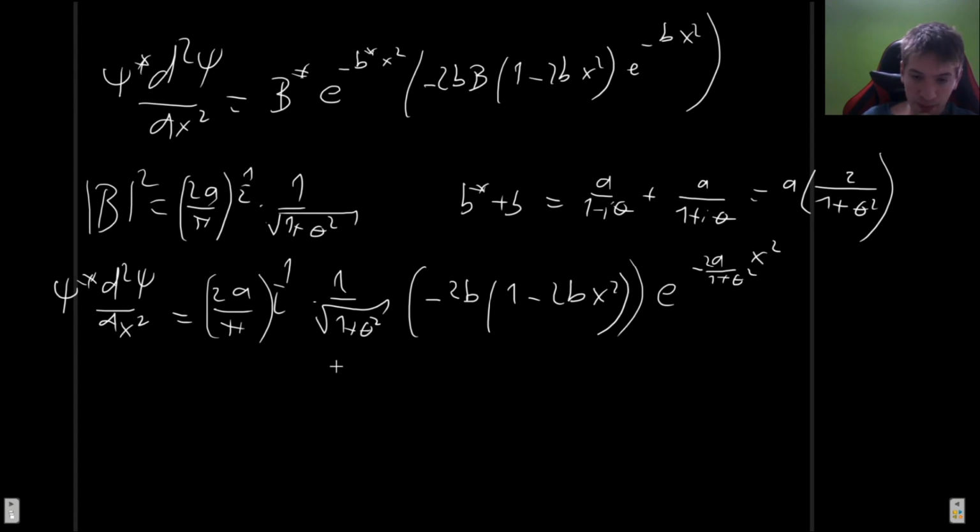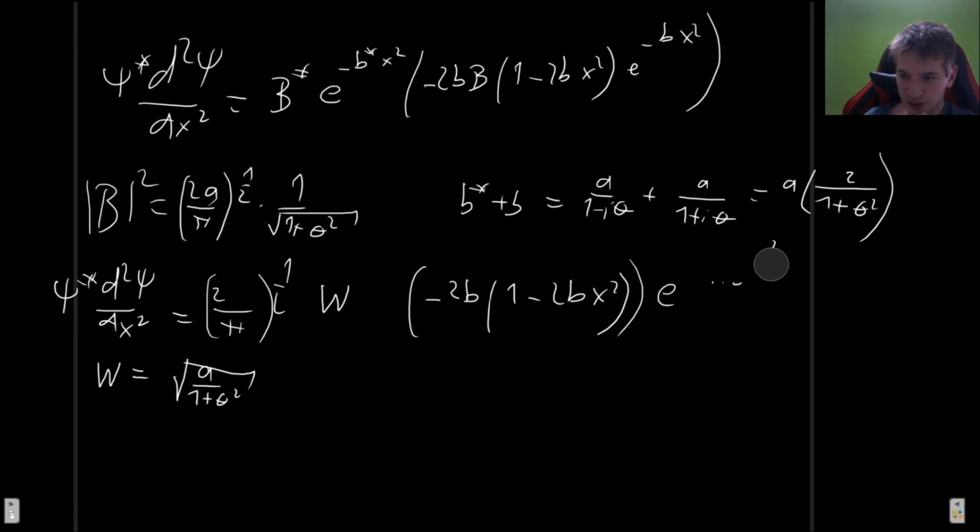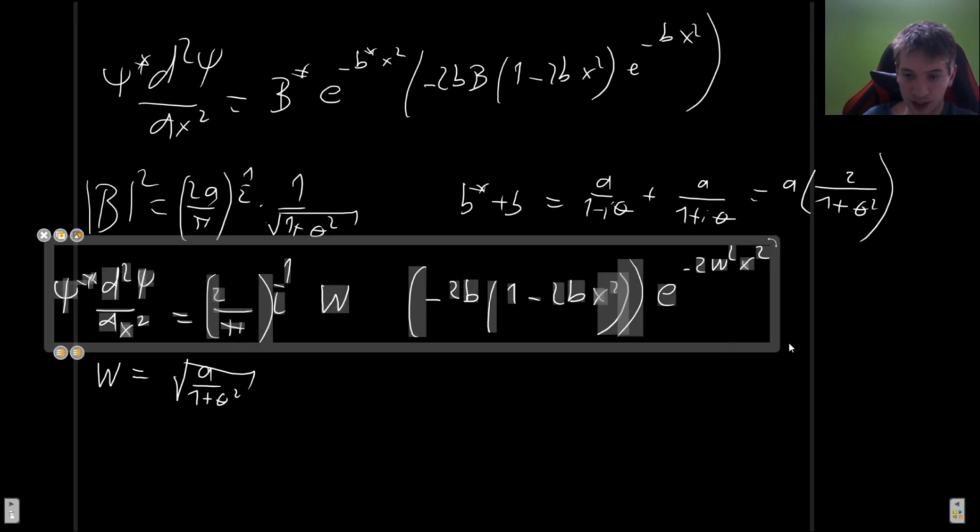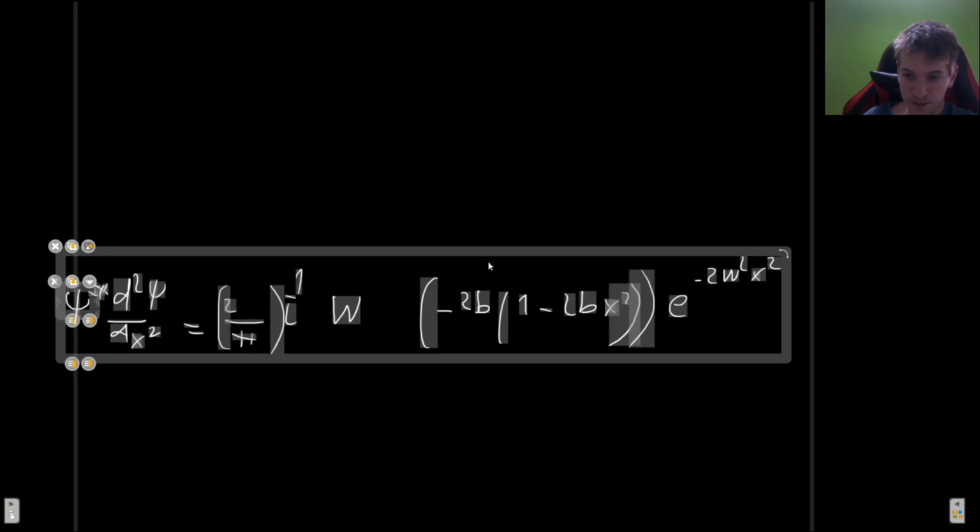But remember, previously we defined w to be the square root of a divided by 1 plus theta squared. So we can actually simplify this a little bit, because this a and this thing right here will just be w, and in the exponent it's going to be minus 2w squared x squared. So this made the notation somewhat cleaner. And this is something that we can actually work with now, and we can go ahead and perform the integral that we want to do.